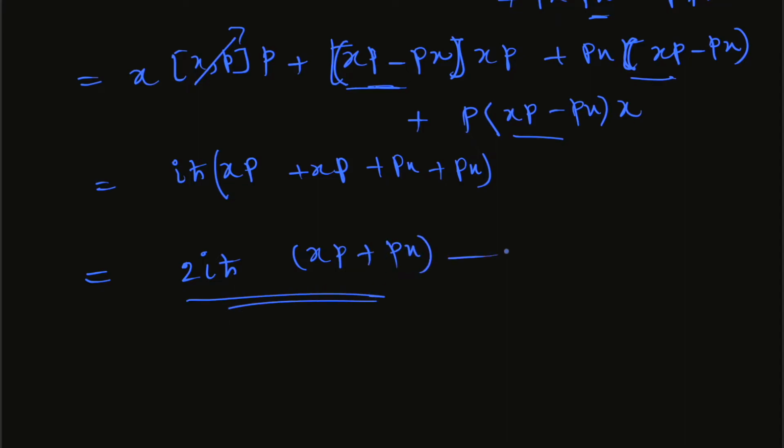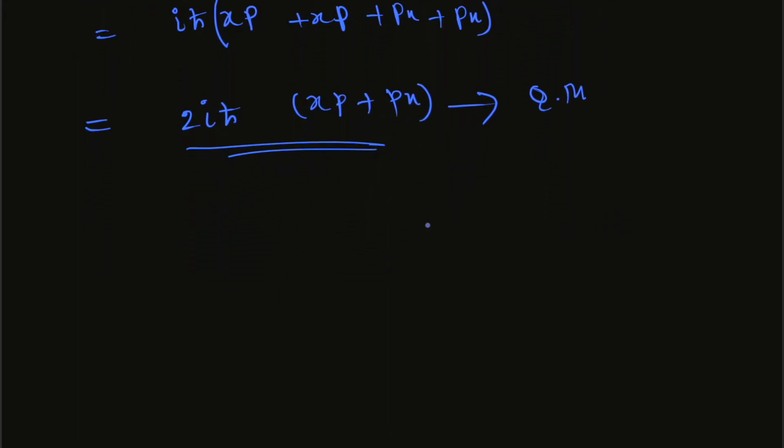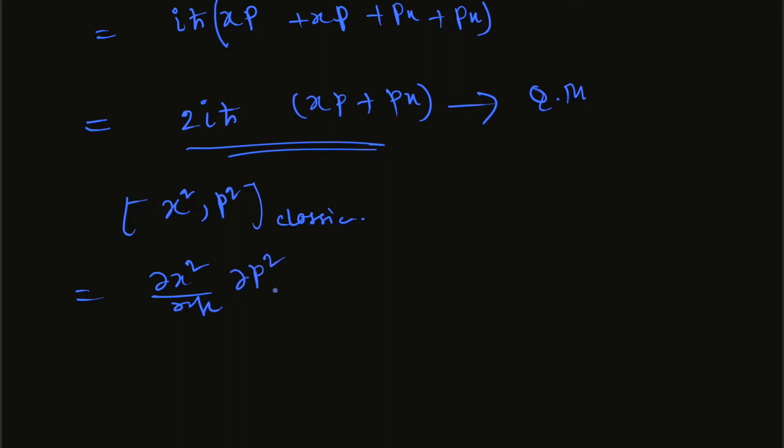So it is the quantum mechanical result. Now let us check what is the classical commutation relation. For x squared and p squared, it is not a commutation, it's actually the Poisson bracket. So classically, we know that this means ∂x²/∂x ∂p²/∂p minus ∂p²/∂x ∂x²/∂p.